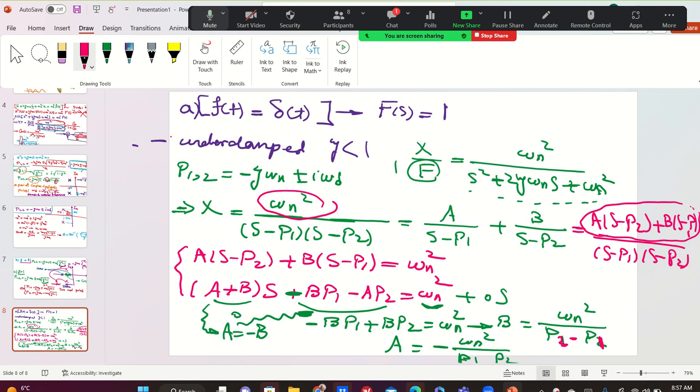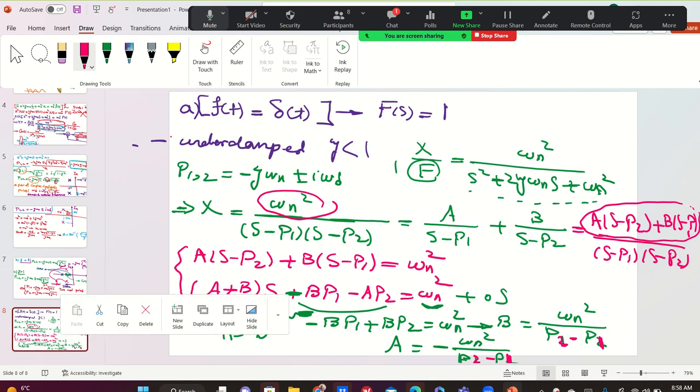And here is also going to be P2 minus P1. Let me double check. Minus B P1, okay, that's right. Plus B P2, yeah, P2 minus P1 and P2 minus P1. Now that's right.